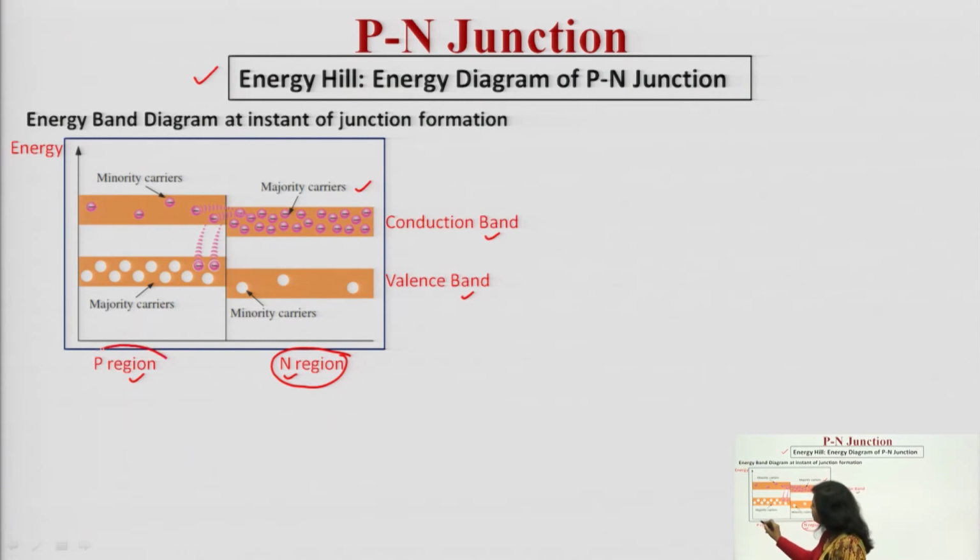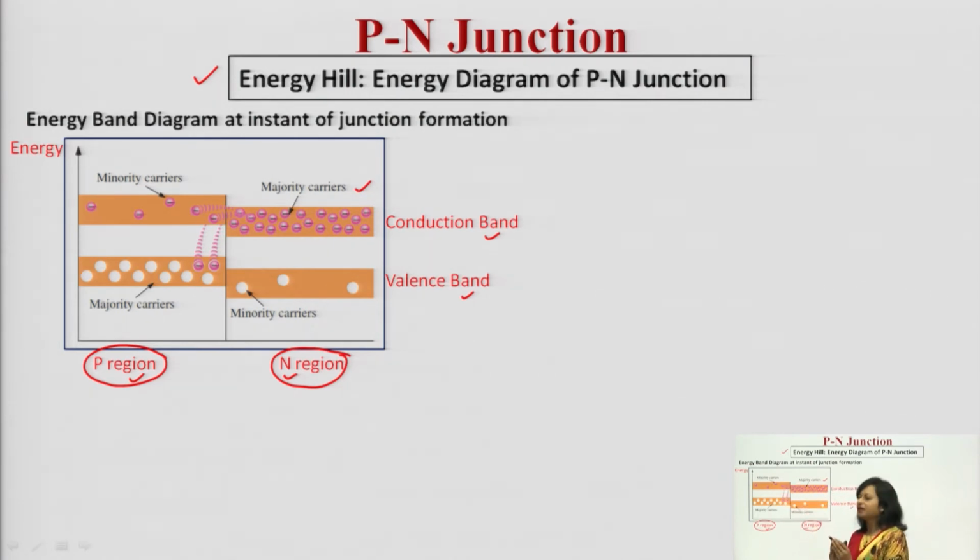For a P type semiconductor, the majority charge carriers are holes. So, the valence band is filled with the majority charge carriers, which are holes, and there are some minority charge carriers available over here.